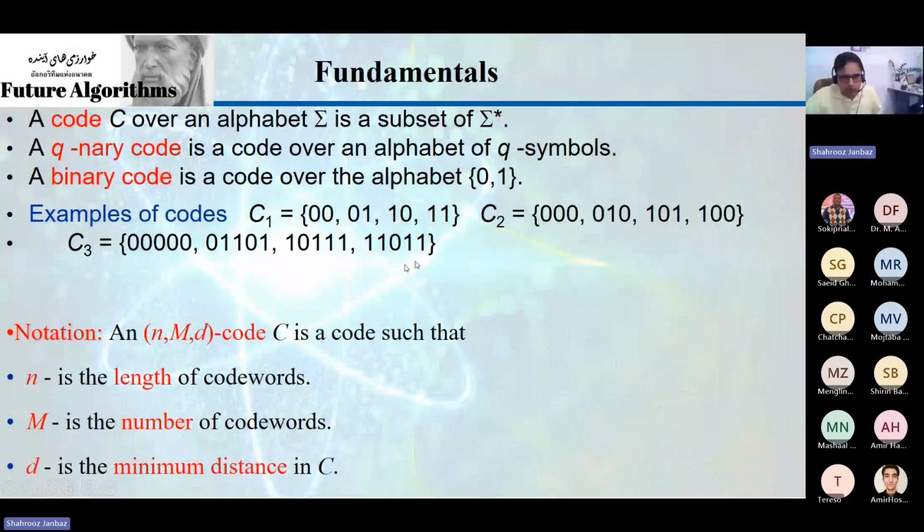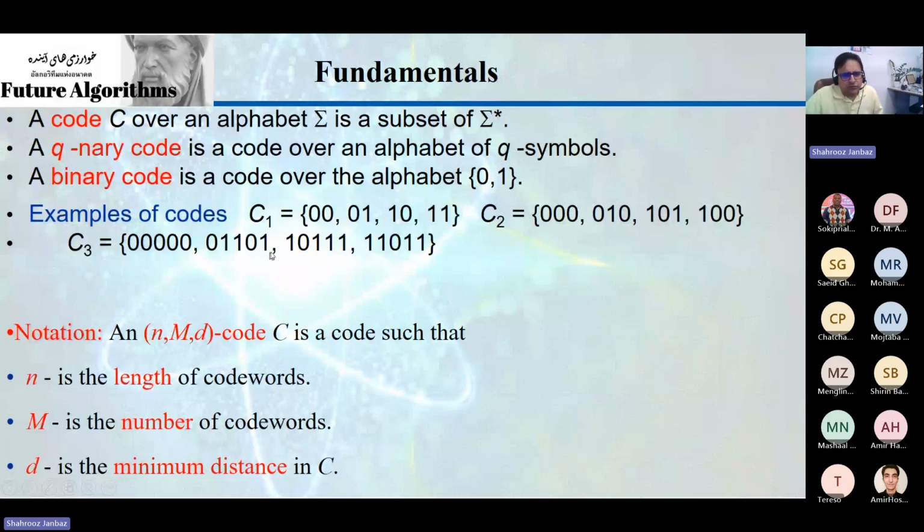C3 is a code on the alphabet 0 and 1, its length is 5, and you have 4 codewords. With the notation (n, M, d), for a code C, n is the length of the codeword, M is the number of codewords, and d is the minimum distance of the code. The computation of the minimum distance is very hard in general.